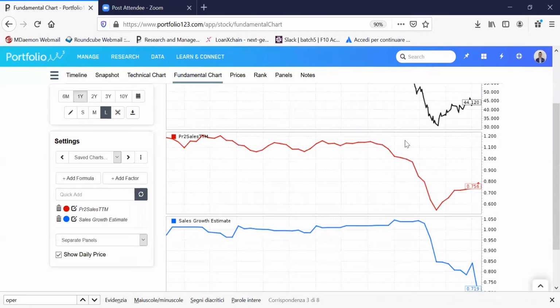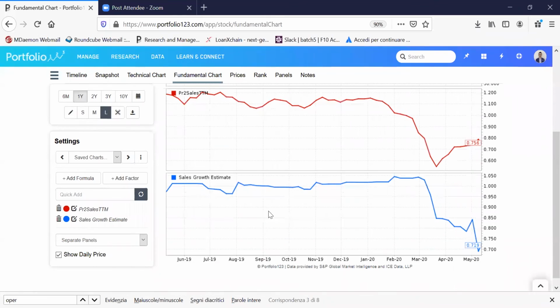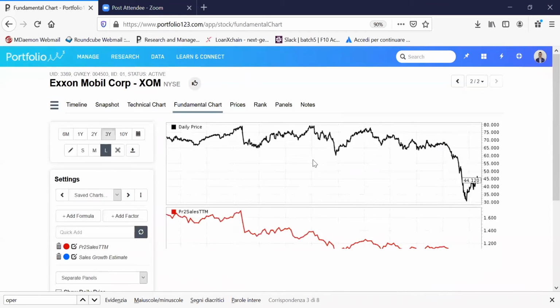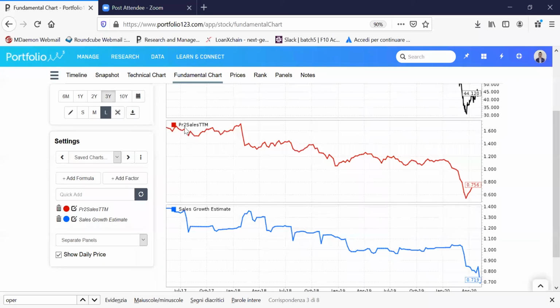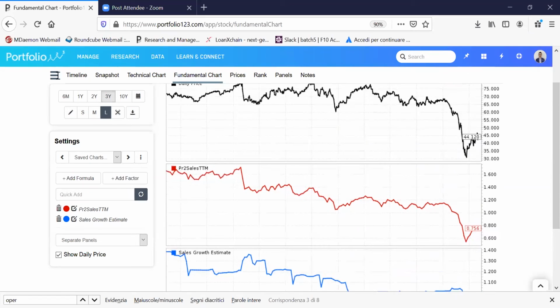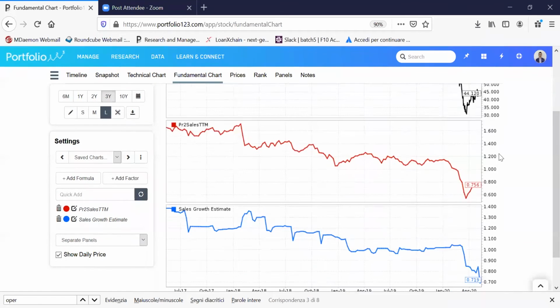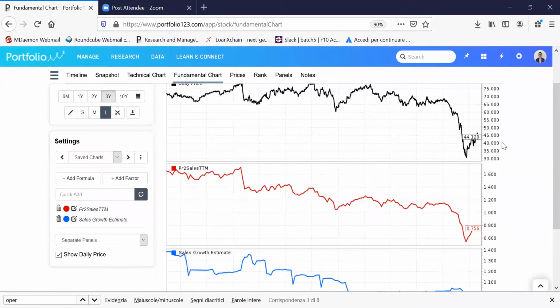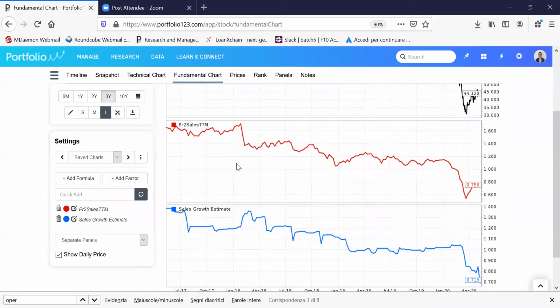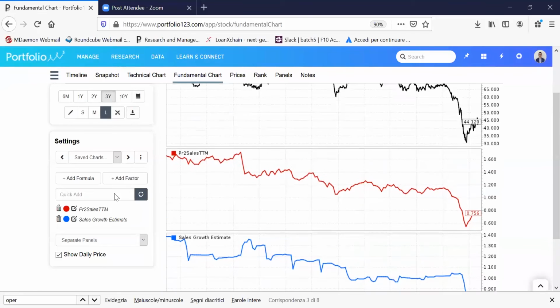As we can see here, there is quite a strong relation. Taking it further, you can really see that the price is reflecting what the sales will be in the near future. And in the Exxon case, it's probable that, given the current oil prices and production, this is not going to last for just one or two years, but probably it's going to affect the profit margins of Exxon for quite a long time.